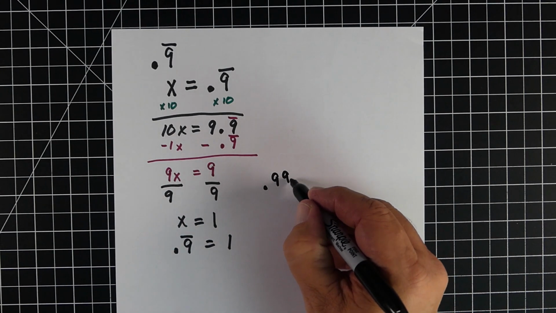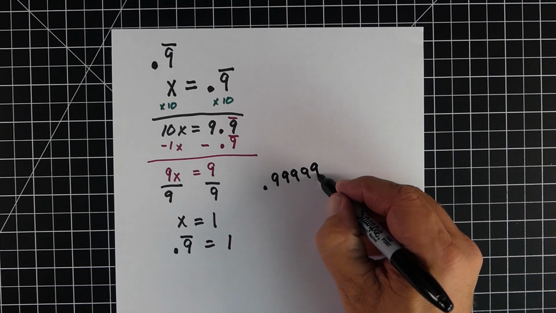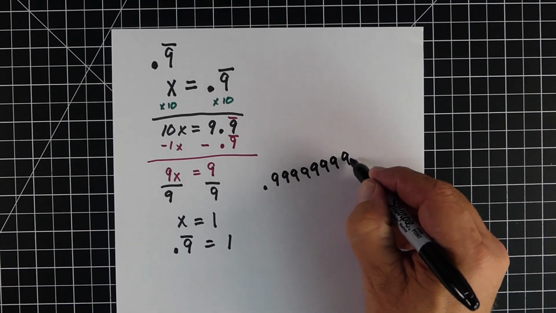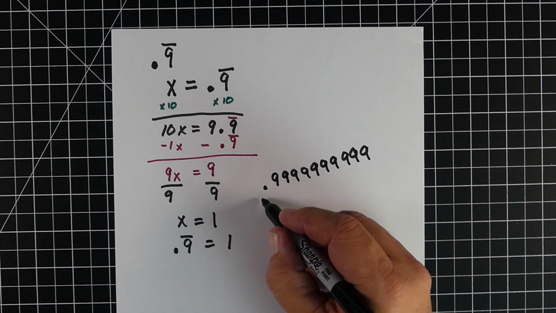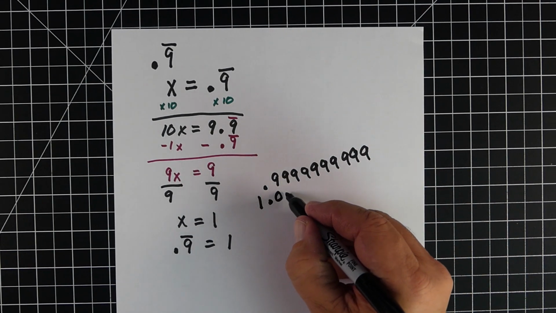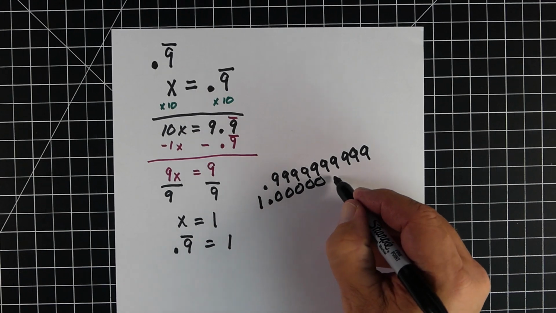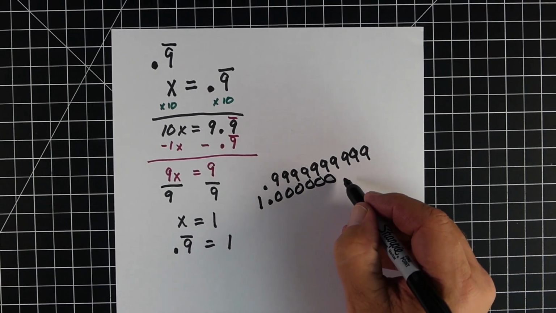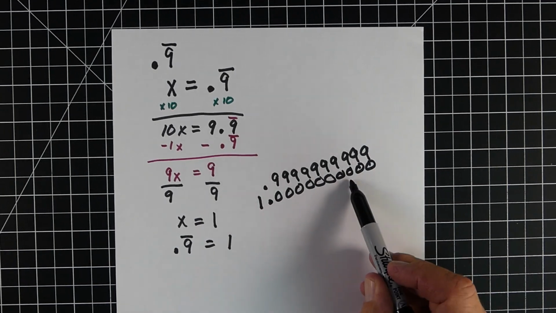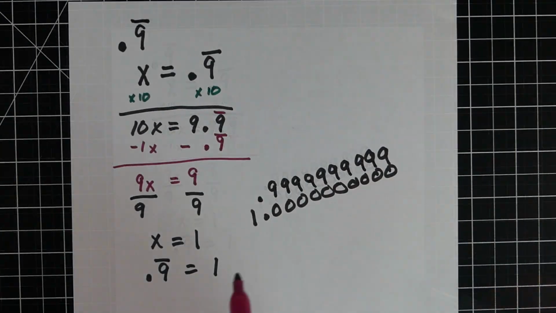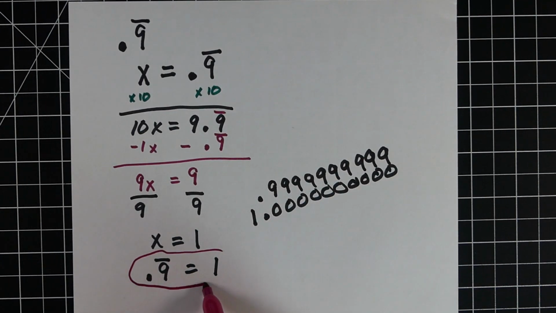So when you're looking at all these repeating 9's, and again, the 9's are just going to go on forever and ever and ever, and you compare that to the whole number 1, where the 0's are just going to go on forever and ever and ever, the gap is so small that basically we could just determine that 0.9 with repeating 9's is basically the exact same thing as 1, and so there's no difference.